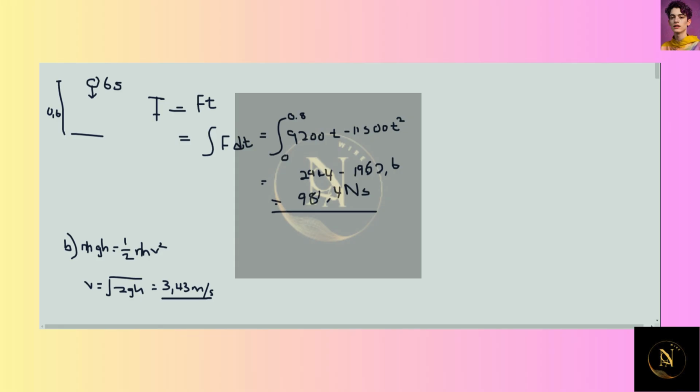Now the next part is asking, what speed did she leave the platform with? This is a little more involved, because now you have to calculate certain things that are not essentially given in the problem.